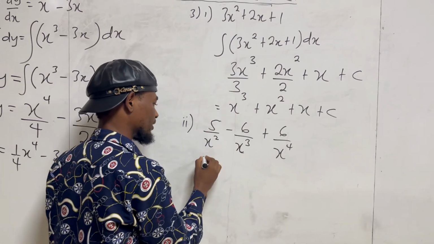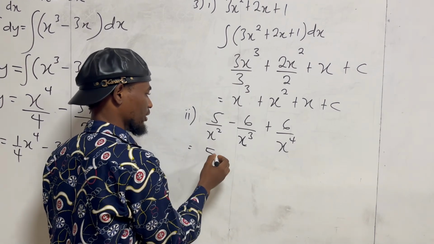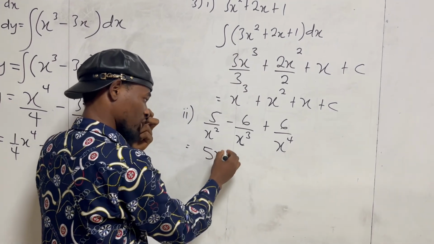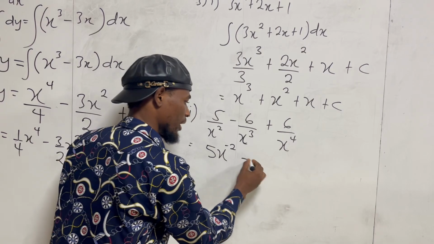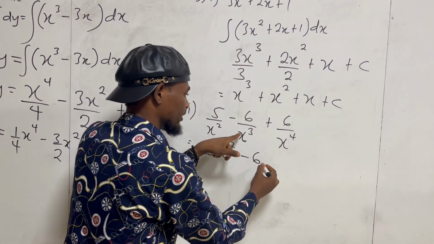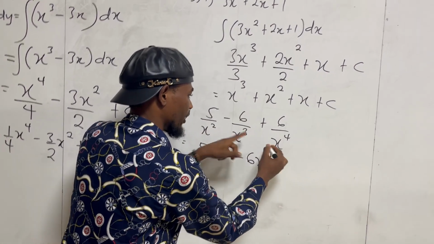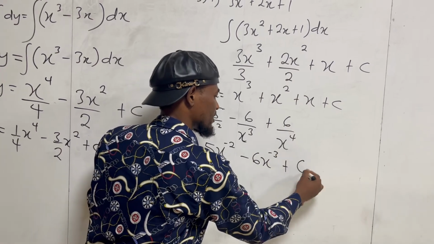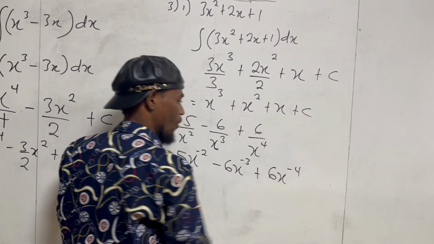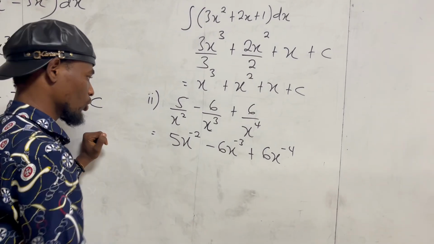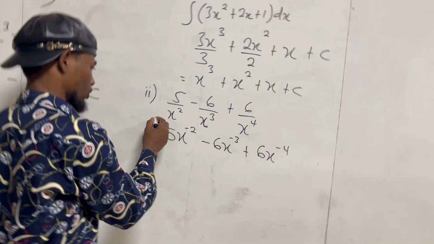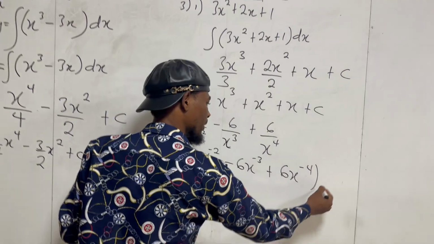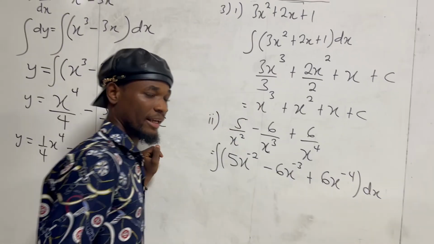So this is the same as 5x to the power negative 2, then minus 6x to the power negative 3, then plus 6x to the power negative 4. You want to integrate this with respect to x.